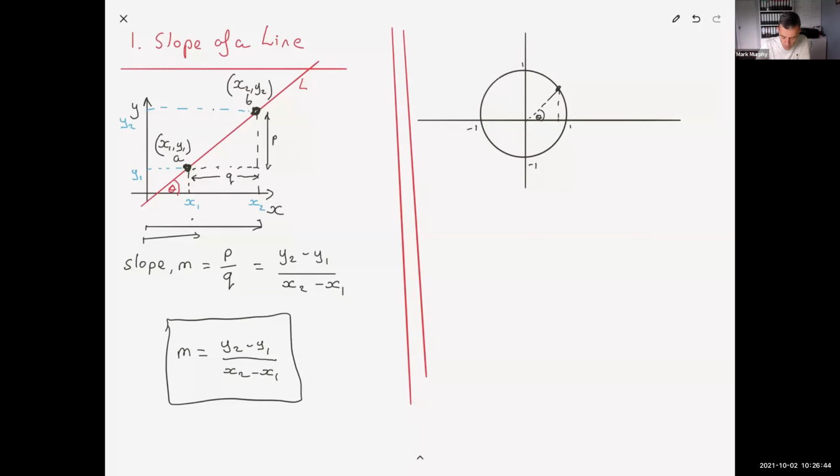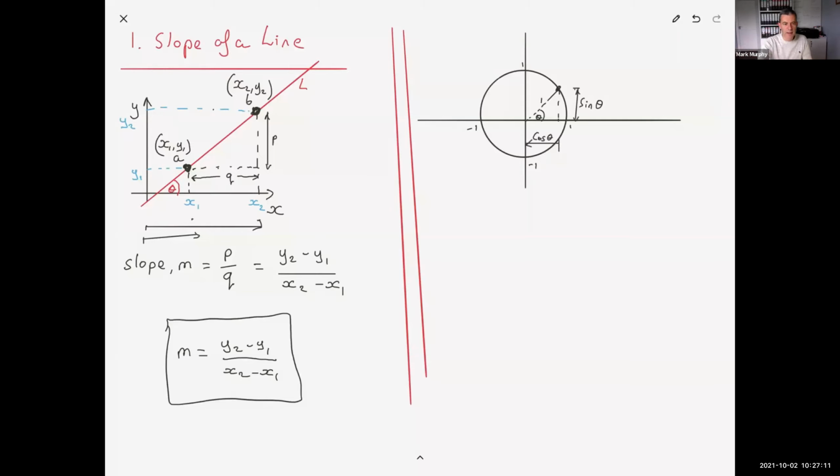Now, you know from trigonometry, if that's 1, then the height there is sine theta. So this height here is the sine of theta. And with the tangent, the tangent of theta is the sine over the cosine. Well, I'm not going to go into trigonometry too much, but this distance right here is the cosine of theta.